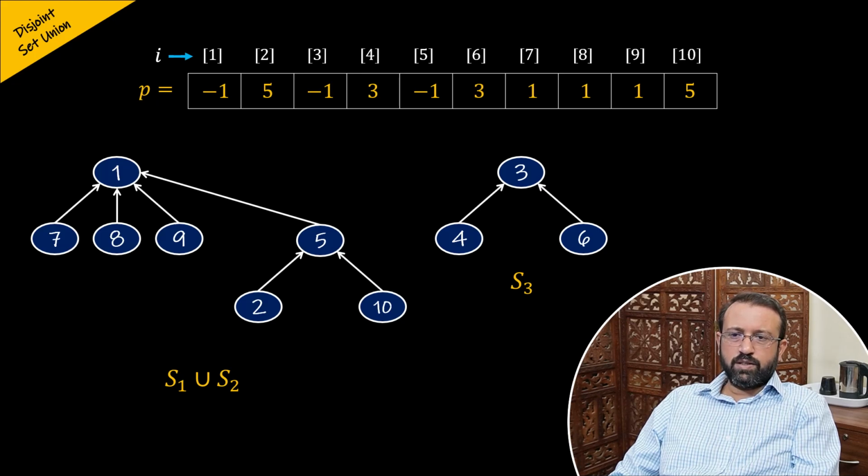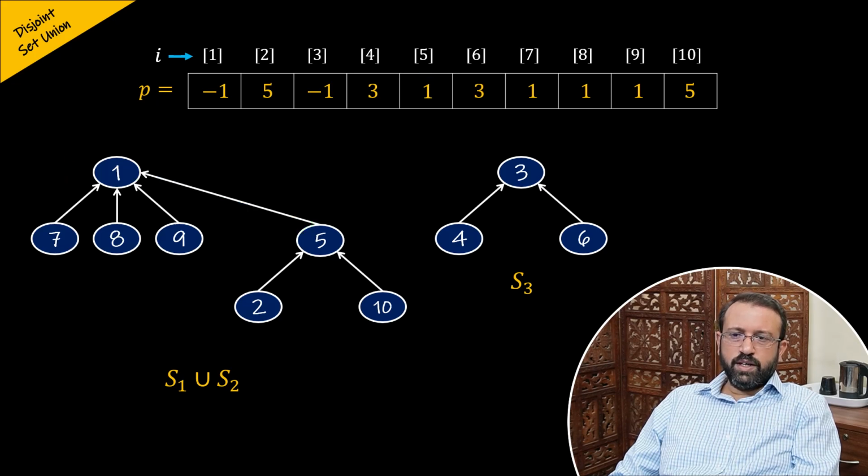Therefore, one way is to make the tree representing disjoint set S2 the subtree of the tree representing disjoint set S1, which is simply linking the root of tree S2, that is node 5, to the root of tree S1, that is node 1, thereby making node 1 the parent of node 5 and updating the parent array P at index 5 by replacing negative 1 with 1, since now node 1 is the parent of node 5.